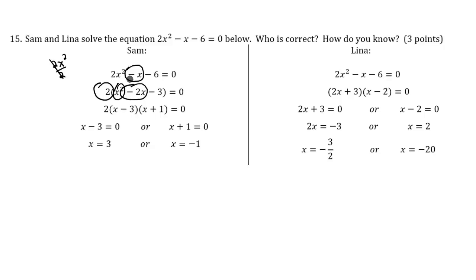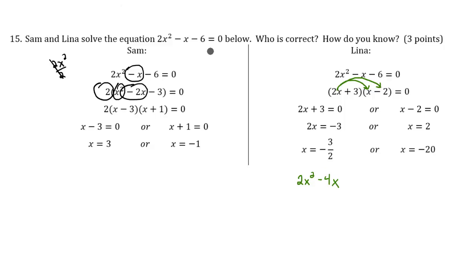Sam incorrectly factored out a greatest common factor. There was none there. Over here, Lena, she had a trinomial, same one, and she correctly came up with the two factors here. And if you want to check this, you could distribute 2 times x. That gives us 2x squared. And then 2x times a negative 2, that's going to be minus 4x.